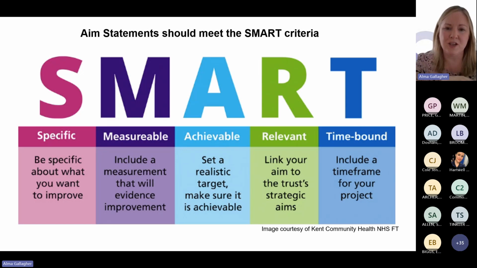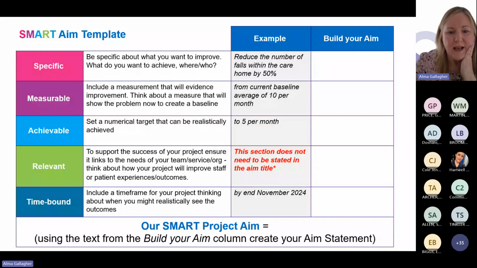And obviously making sure it's time bound, so including a time frame for your project. What I've shared here is a SMART aim template, because if we use this template, being specific, we'll end up actually writing your aim statement.